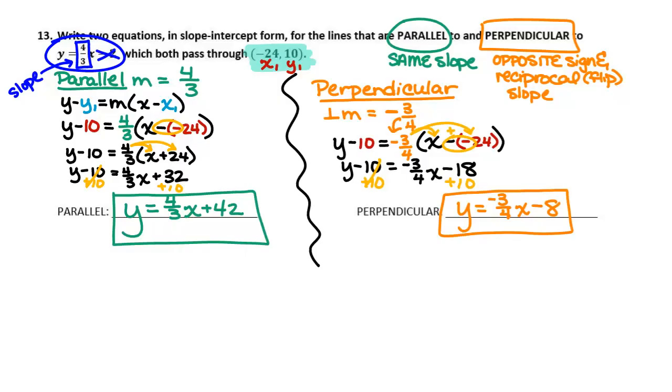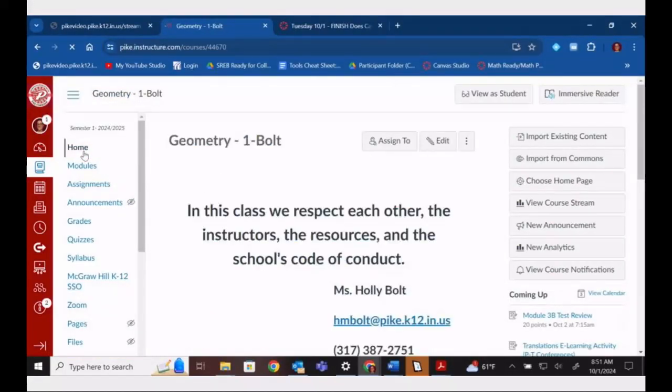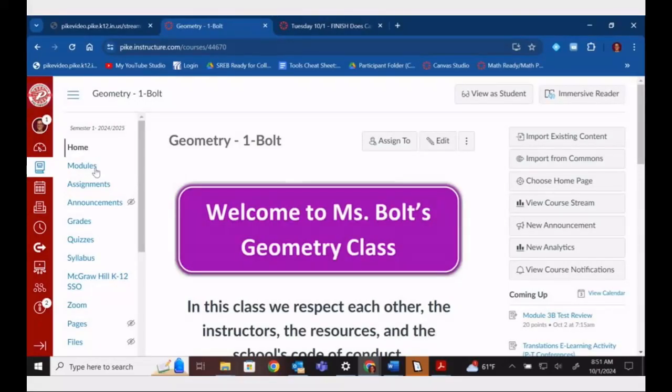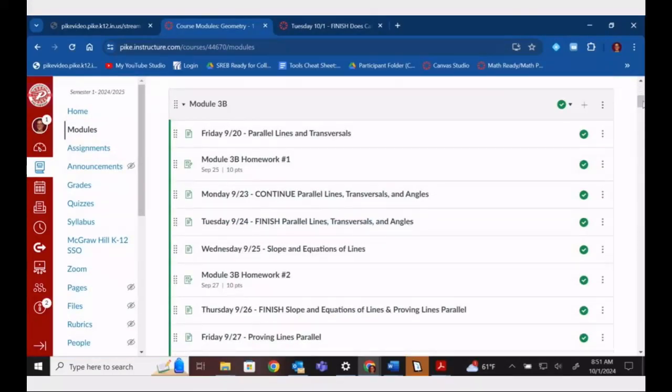We only have 3 minutes left, which is unfortunately not enough time for me to go over any other problems, but I do want to show you on Canvas where we already have some things posted. All right, so on Canvas, from the main homepage, you need to click on Modules. Once you are in Modules, you want to go find Module 3B.